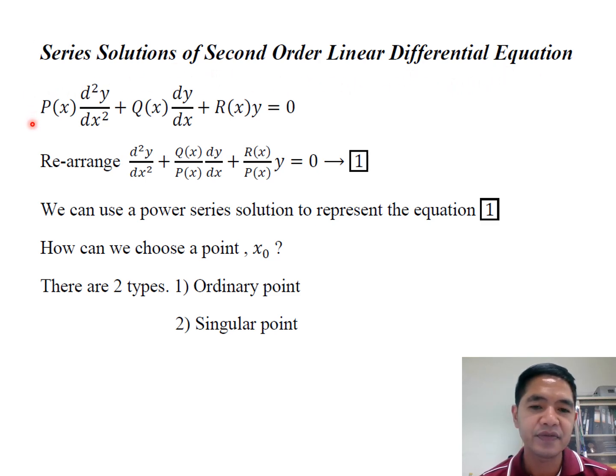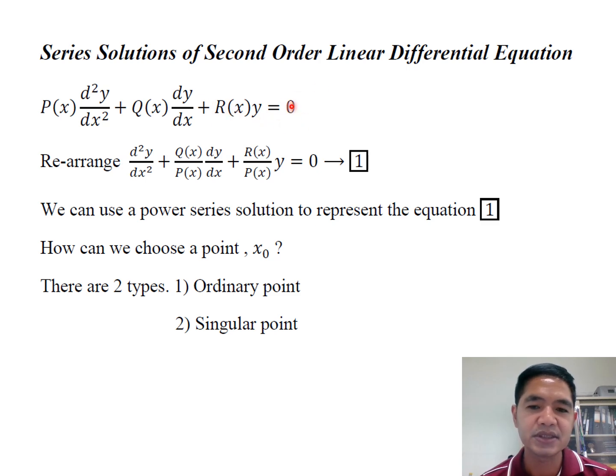Normally when we have a second order ODE, we have something like this in the linear form. The general form is p(x) times d squared y over dx squared plus q(x) times dy over dx plus r(x) times y equal to 0.